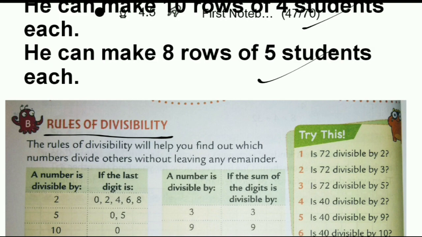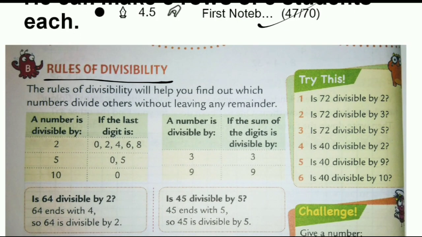Next, rules of divisibility. In this one, certain rules of divisibility we can learn here. In your syllabus, only 5 are there. What is the meaning of divisibility? When we do the division with respect to the rules of divisibility, we can easily find which number it is divisible by.